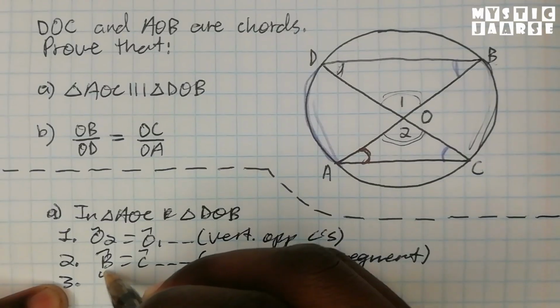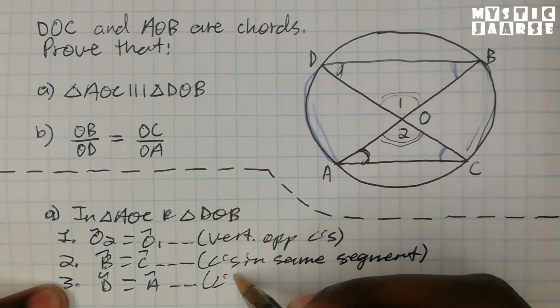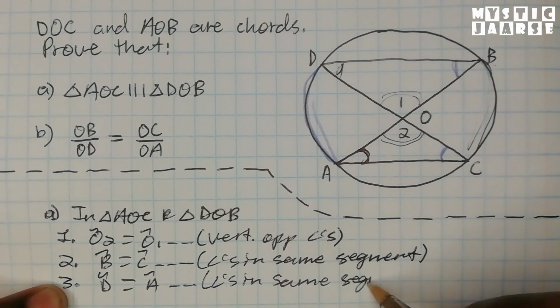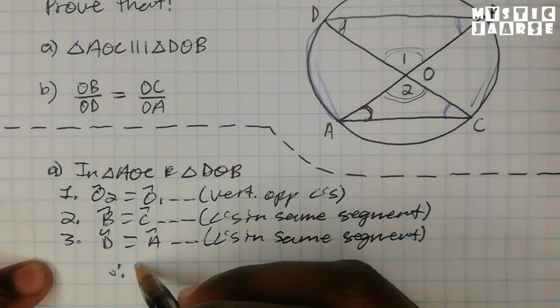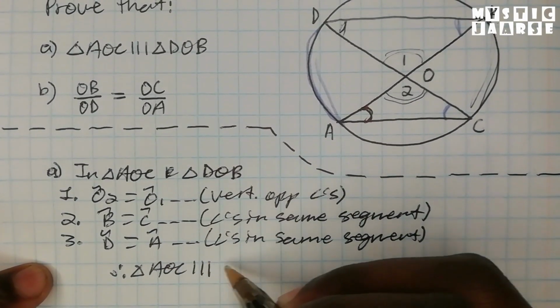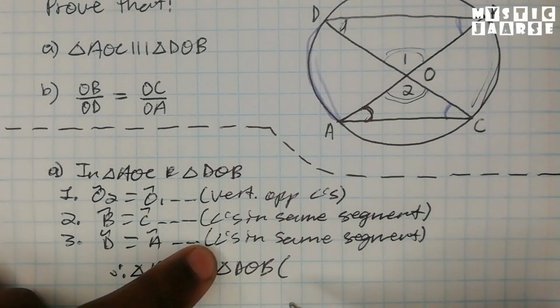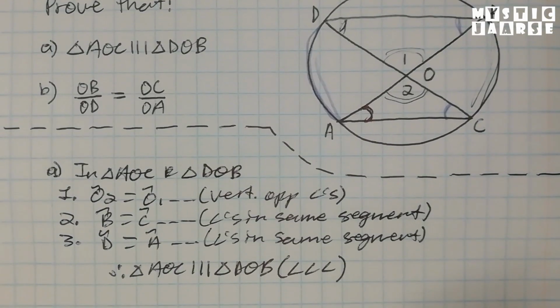So angle D is equal to angle A because they are angles in the same segment. Therefore, with 3 of my reasons, I can conclude that triangle AOC is similar to triangle DOB. Why? Because we have proven that 3 corresponding angles are equal.